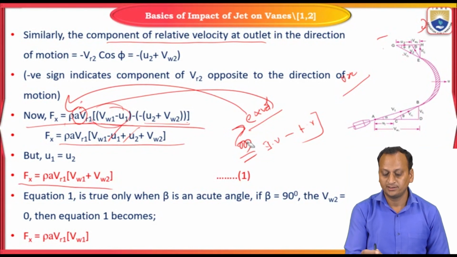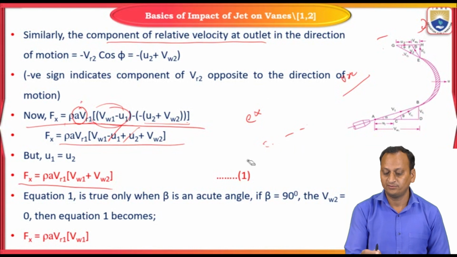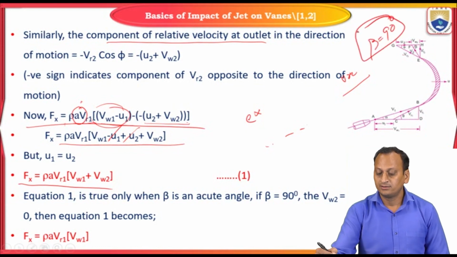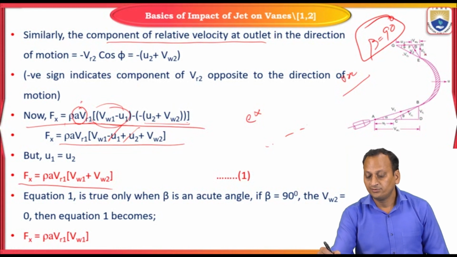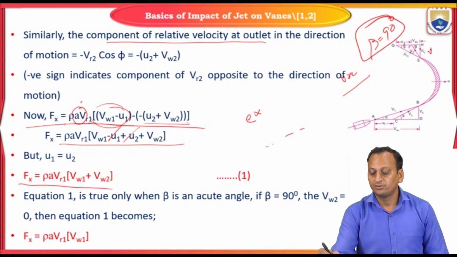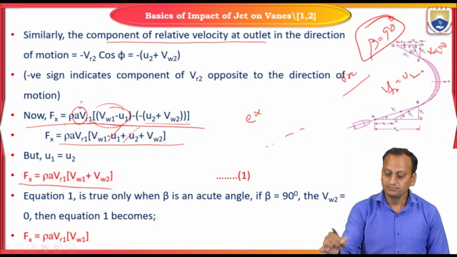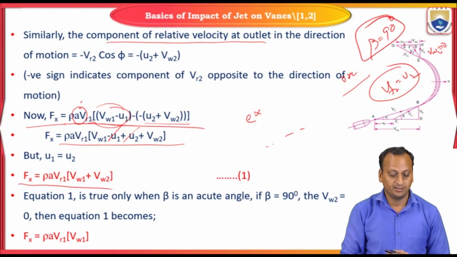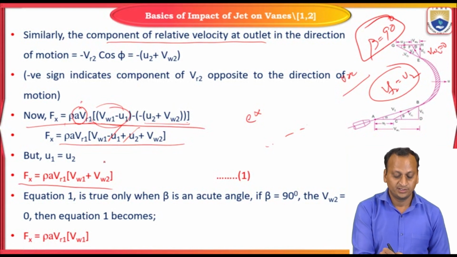Here beta is less than 90. Whenever beta equals 90 degrees, then VW2 becomes 0, and VF2 becomes V2. So this is the condition whenever beta makes an angle of 90 degrees. When VW2 is 0, this can be cancelled.